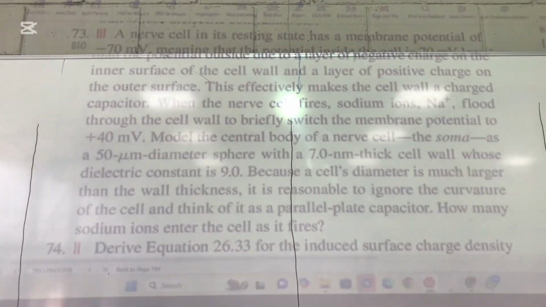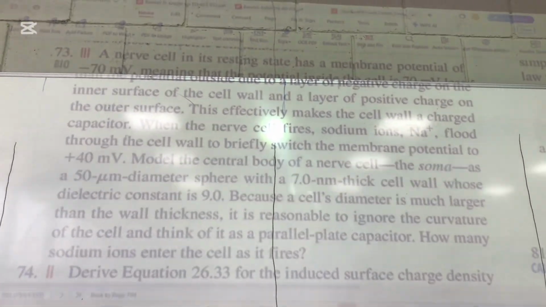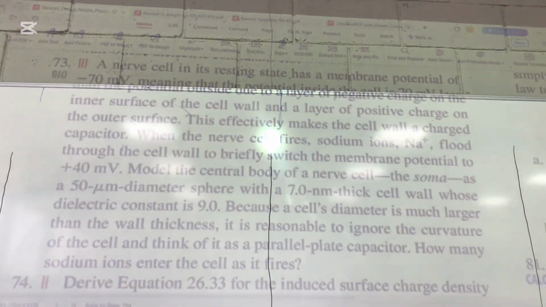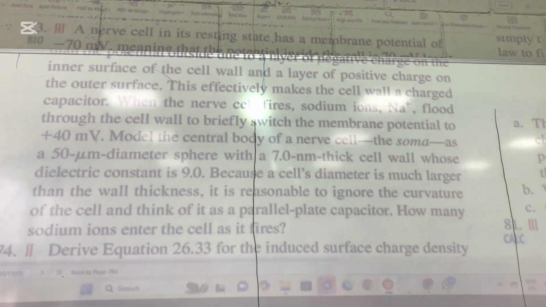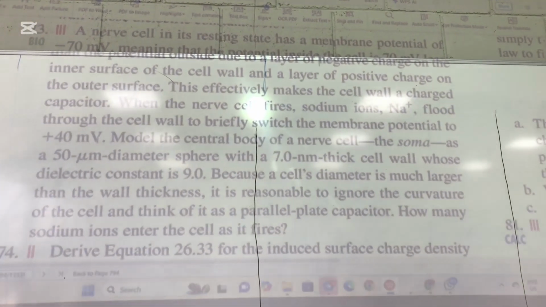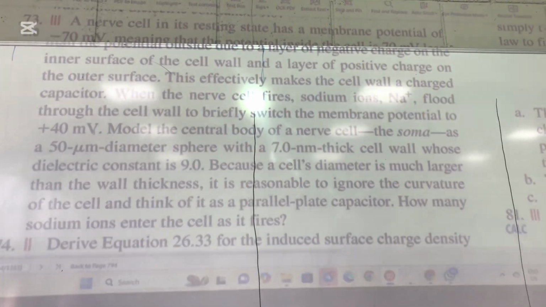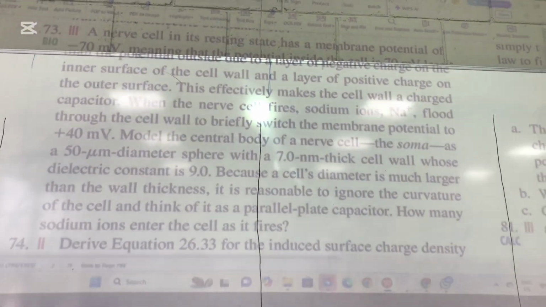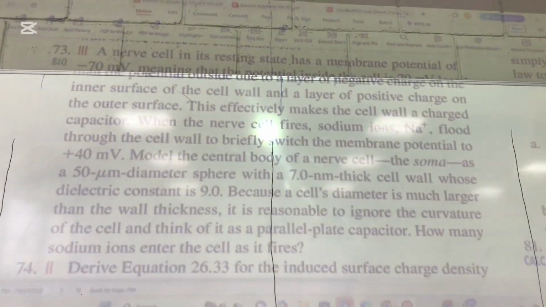When the cell fires, sodium ions flood through the cell wall to briefly switch the membrane potential to positive 40 millivolt. Model the central body of the nerve cell, the soma, as a 50 micrometer diameter sphere with a 7.0 nanometer thick cell wall whose dielectric constant is 9.0.